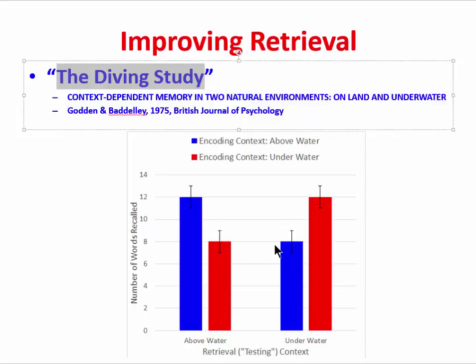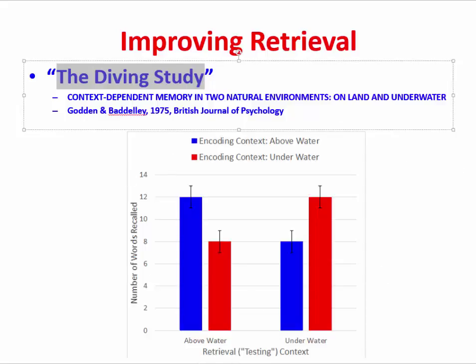Similarly, in the comparison of the blue versus the red, that is the context occurring during encoding, the blues average out to about 10 and the reds average out to about 10. So there's no main effect for encoding context. There's no difference between the two levels of the encoding context variable, and no difference between the two levels of the retrieval context variable, but there's a very strong interaction effect.